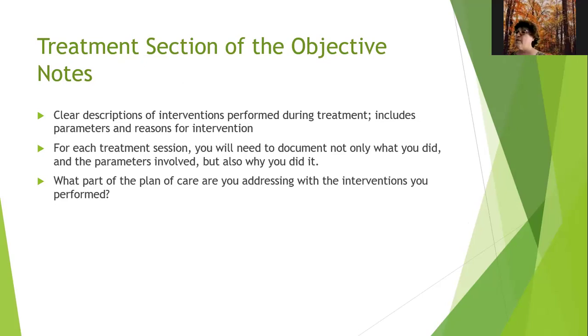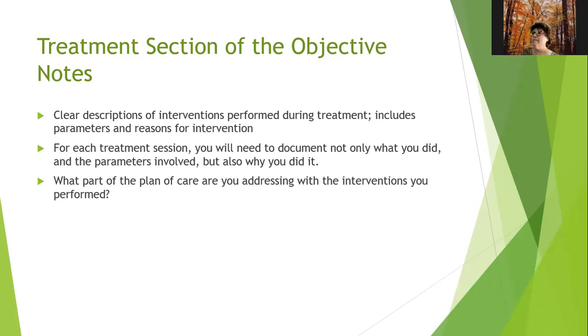So the patient required verbal and tactile cues 50% of the time for gluteus maximus contraction. Say what part of the plan of care you're addressing. So we're addressing hip extensor strength to improve their sit to stand, and the plan of care might be to improve their sit to stand. So that's the part of the plan of care that we're addressing.